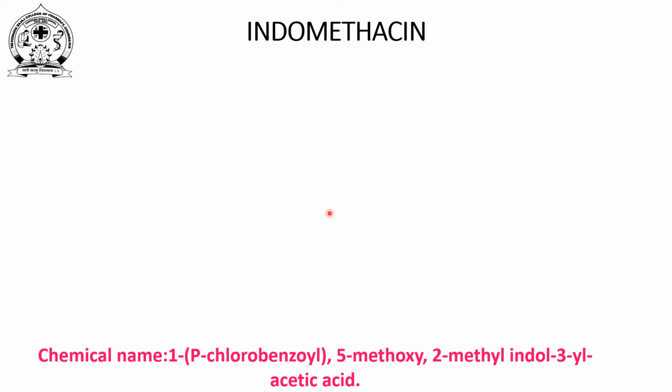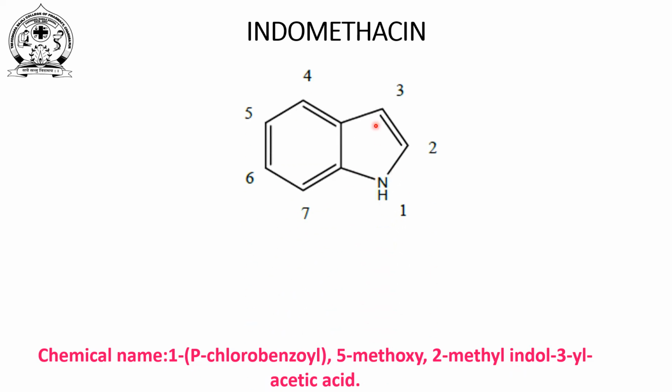Try to write the structure of indomethacin using this chemical name. To write this structure, first you have to see what the main ring is. Here the main heterocyclic ring is indole. So write the structure of indole with numbering. Here is the indole structure with numbering.